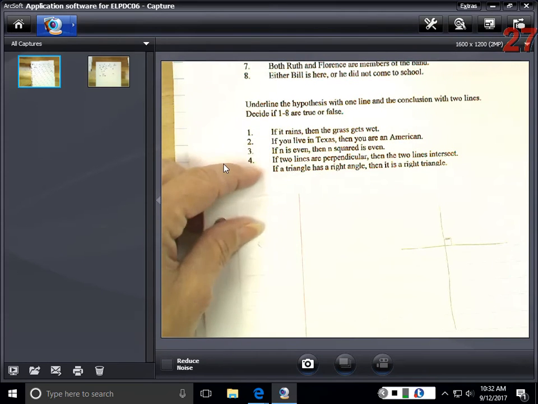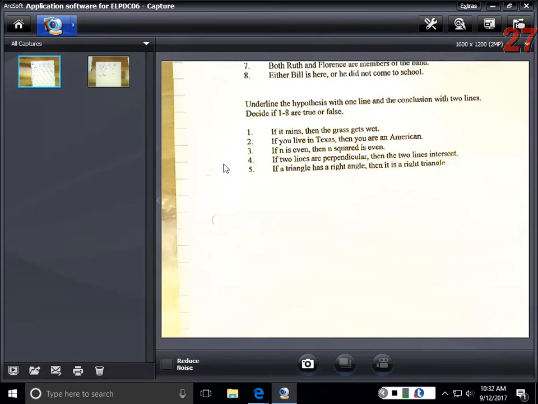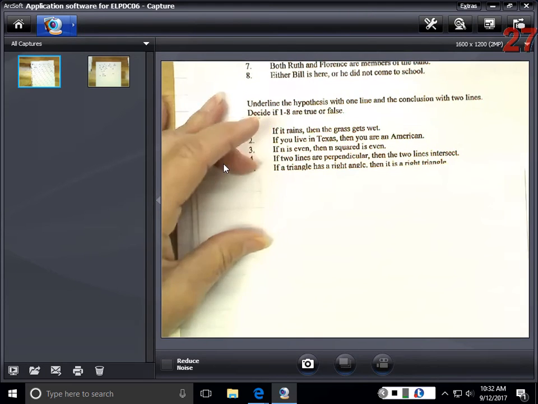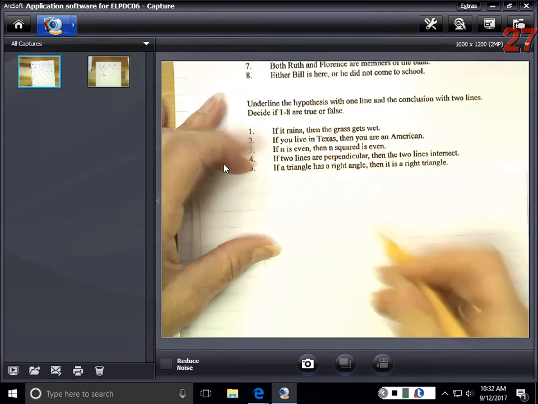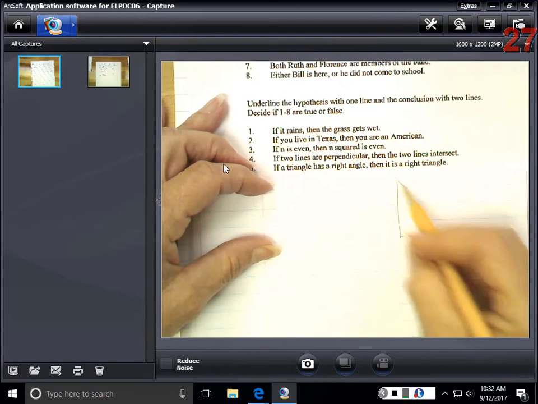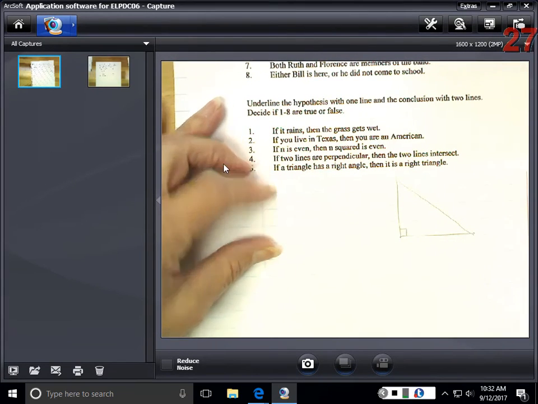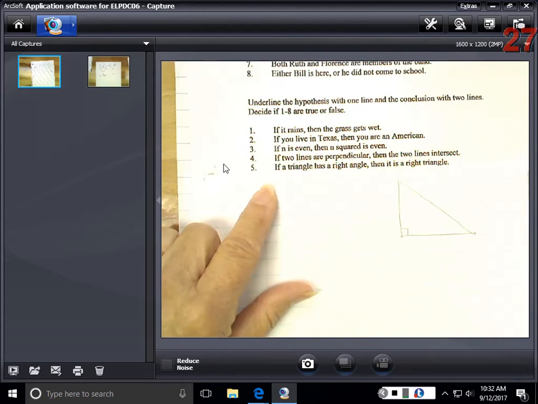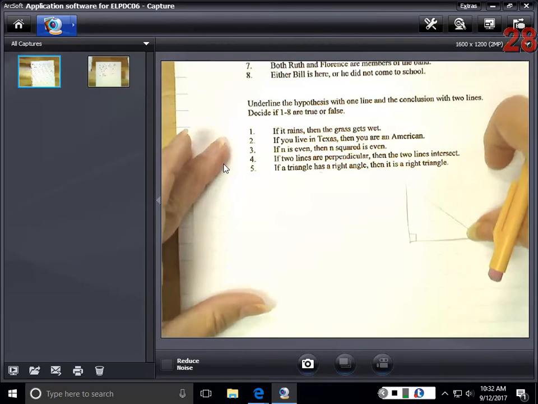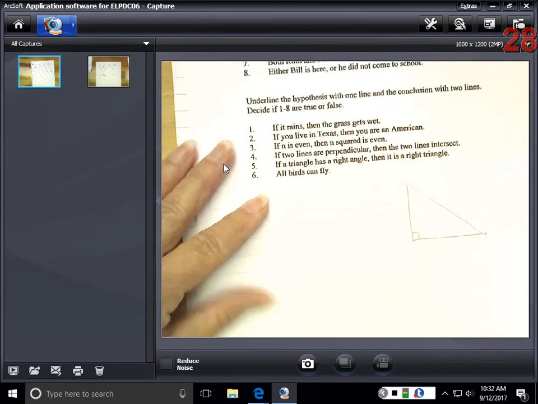If a triangle has a right angle, then it is a right triangle. Hypothesis. Conclusion, then it's a right triangle. Here's a right angle. It forms a right triangle. So, true, basically.